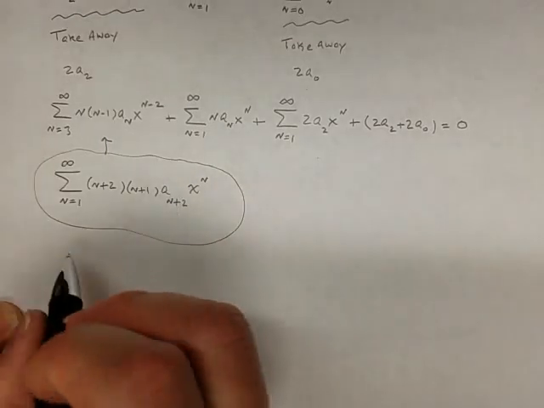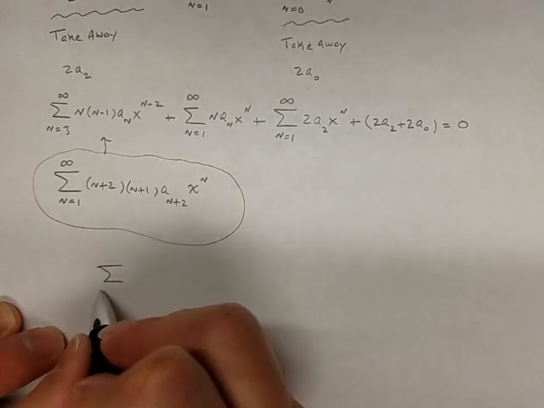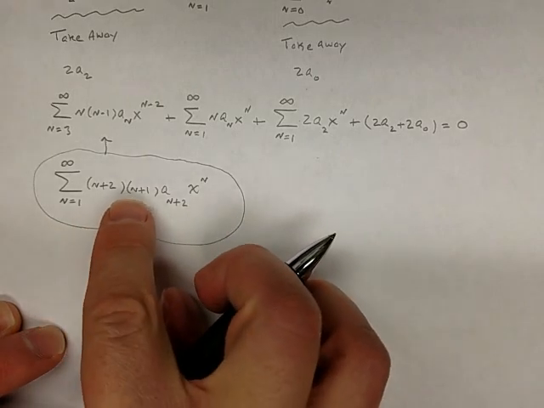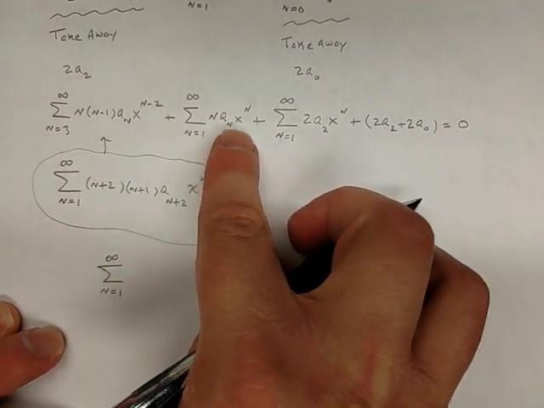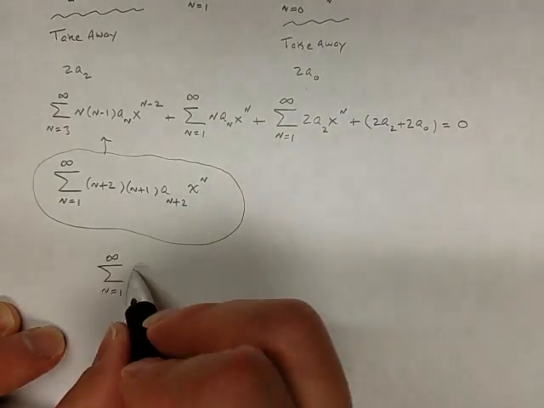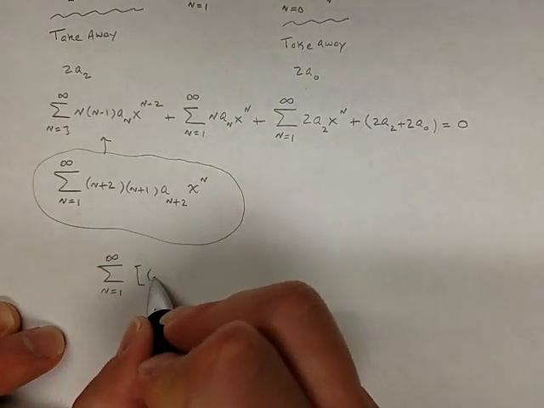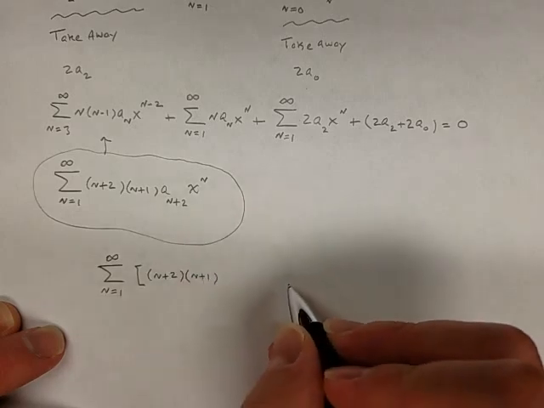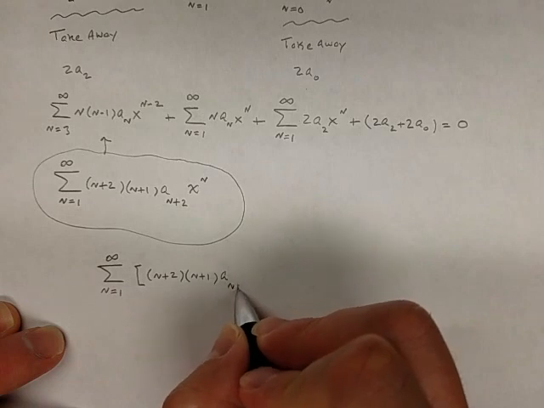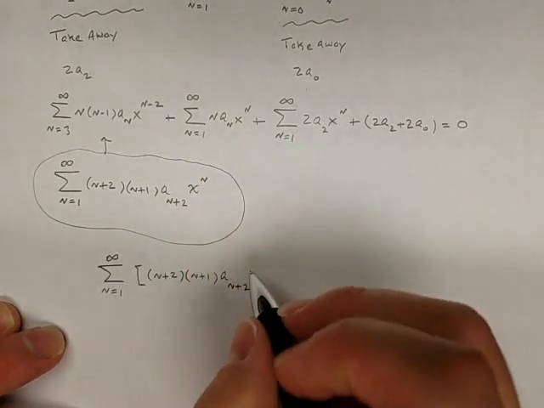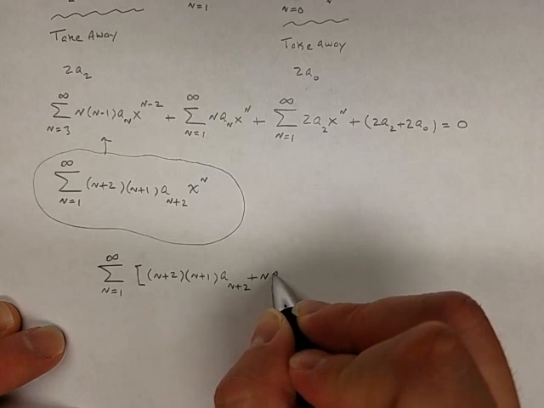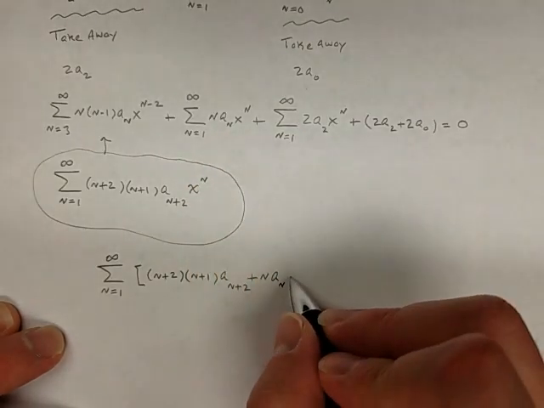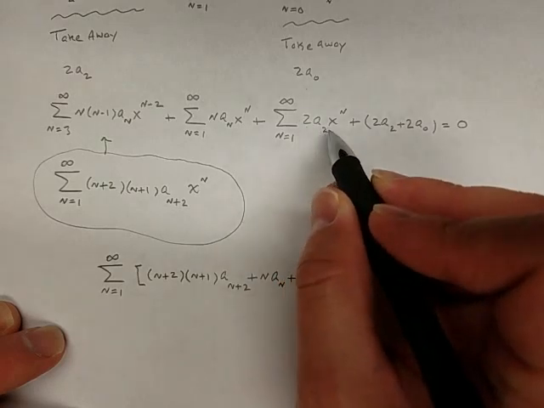So say now we combine that. Here's what this equation looks like now. I get a summation from 1 to infinity of what would be this plus that plus that. So let's write this way. Let's write n plus 2, n plus 1, a n plus 2, okay, plus n a n plus 2 a n.